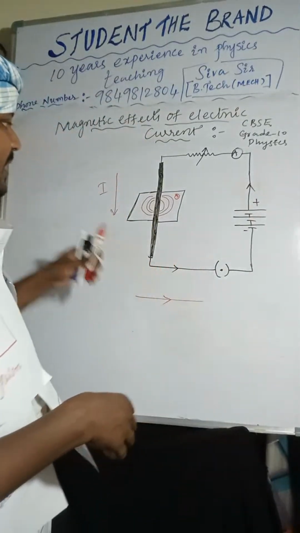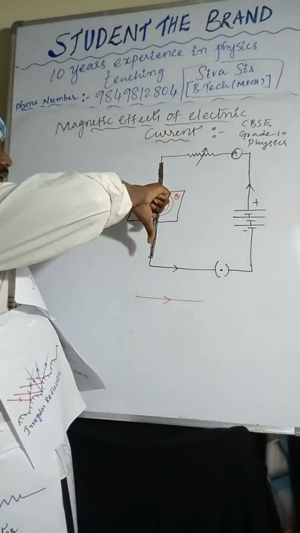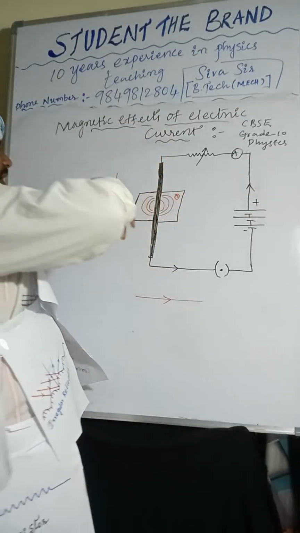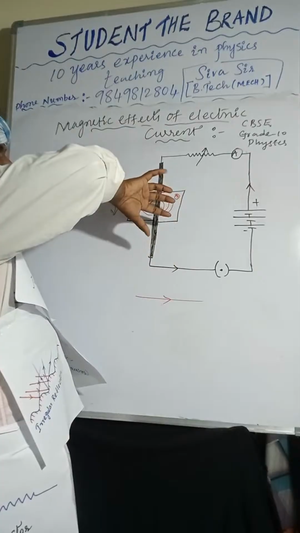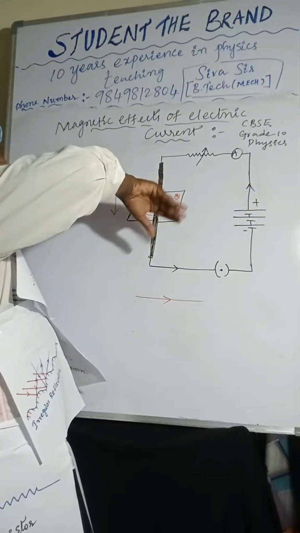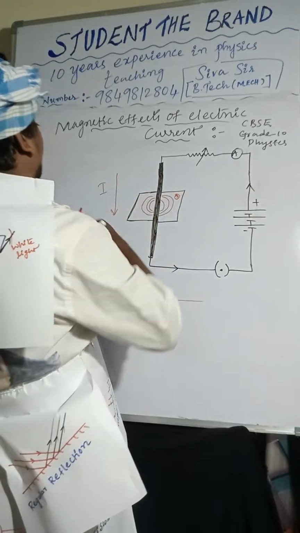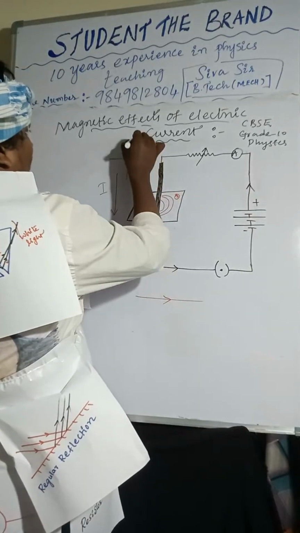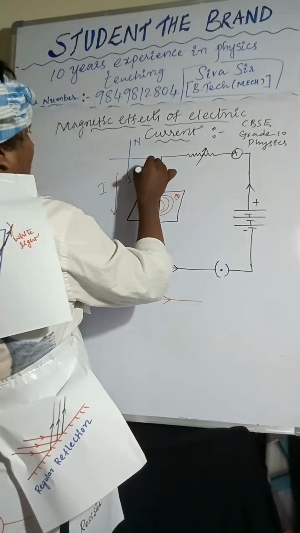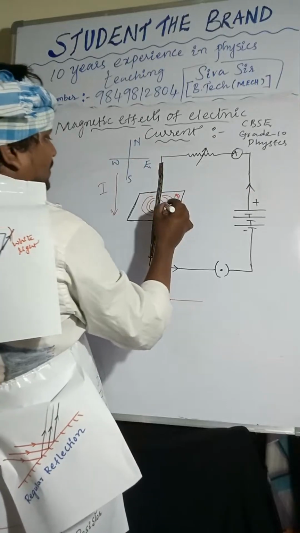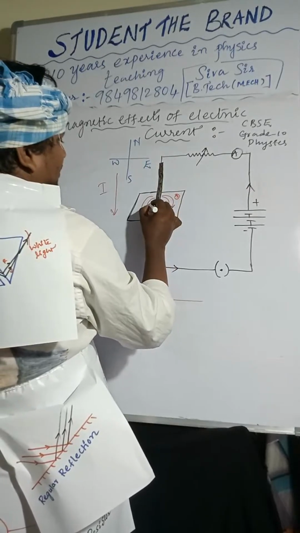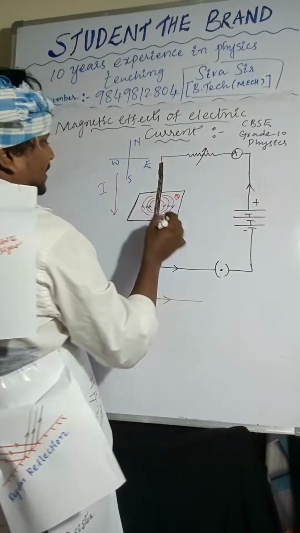Now you can see current is passing in the downward direction, so the magnetic field will be like this. Now we can observe in which direction it's moving. If you take north and south, east and west, the direction will be shown like this. Understood? I hope it is very clear.